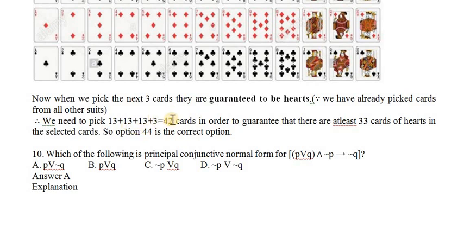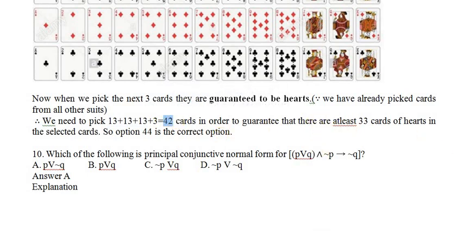Okay, so totally 42. Hope you understand this, because initially we can pick some cards, even 39 cards may not be hearts. Okay, so starting from the 40th card we ensure that we get at least one heart card. So if you are picking 42, surely it has 3 heart cards, so the answer is 42.